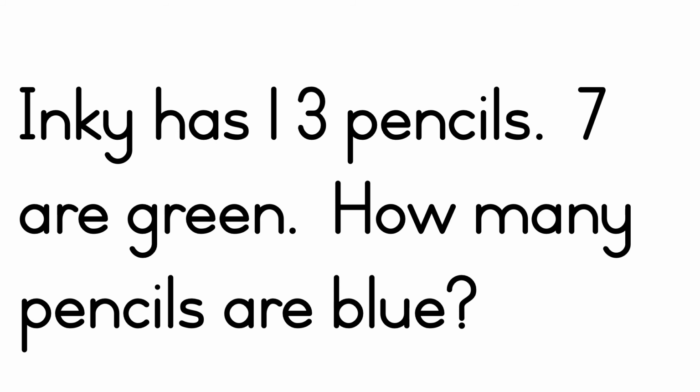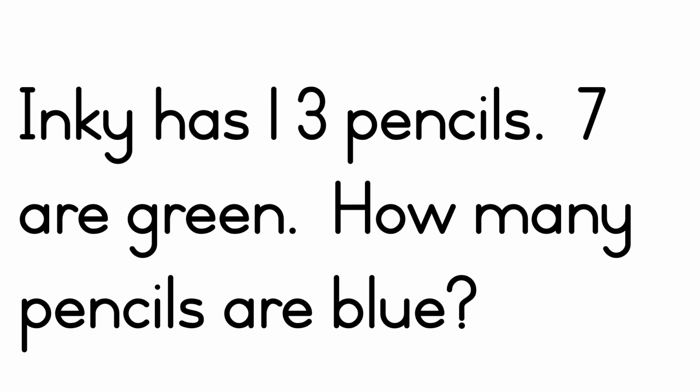So let's see quickly what our sum will be. He had 13 pencils and 7 of them were green. So now we're going to write 7 minus or take away. So have you got that? So your first number that you're going to write down is going to be 13 because Inky had 13 pencils. So write down 13.